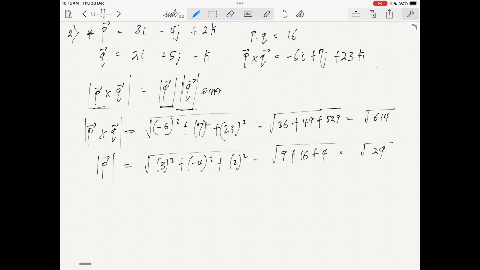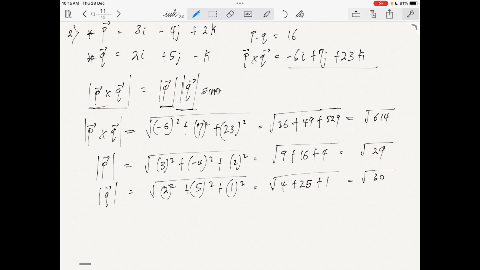And q is our q here. The modulus is the square root of 2 squared plus 5 squared plus 1 squared. Alright, that will give us the square root of 4 plus 25 plus 1, and that will give us what? Root 30.